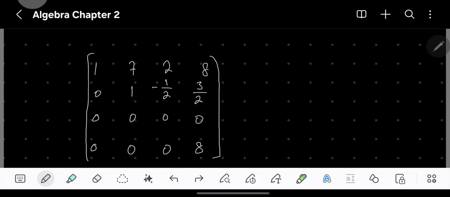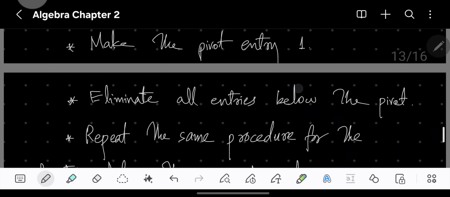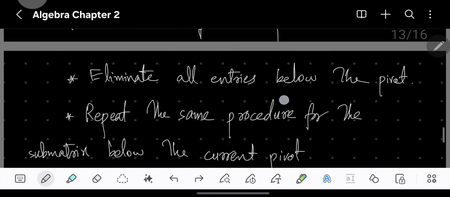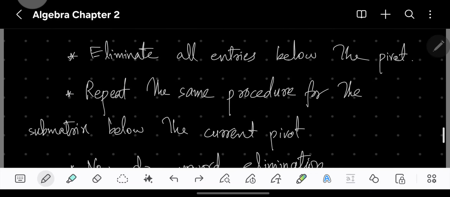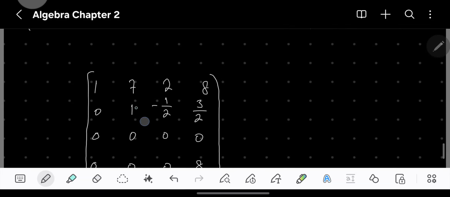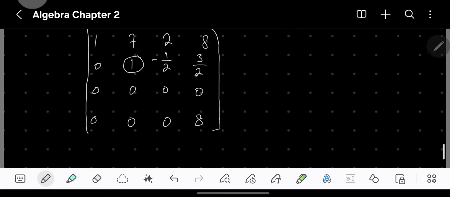Now, what is our current pivot? Our current pivot is this one. Again, go to the algorithm. The algorithm says whenever we eliminate all the entries below the pivot, we have to repeat the same procedure for the submatrix below the current pivot. Since this is my current pivot, the submatrix below it is this one.